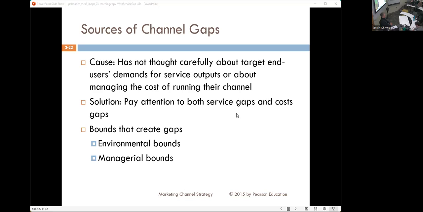Managerial bounds many times do silly things. So I used to collect tablets. I got into the $20, $30 tablets that Android was making, and they were kind of interesting to me. Generally, it was the video that was not the best, but they ran all the versions of Android. They were kind of cool for a while to get into.